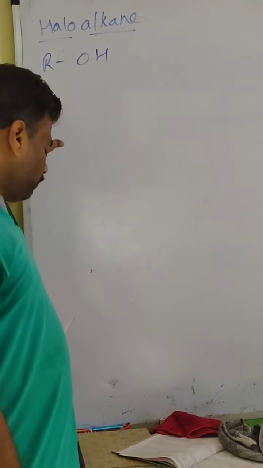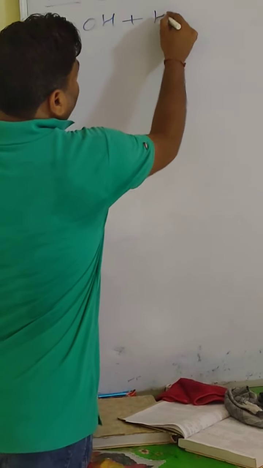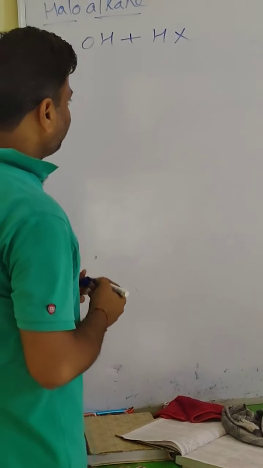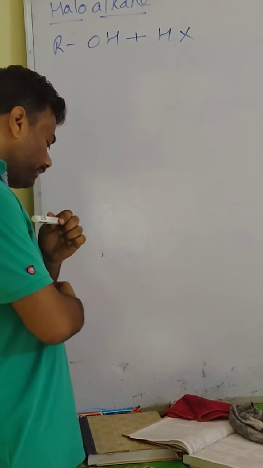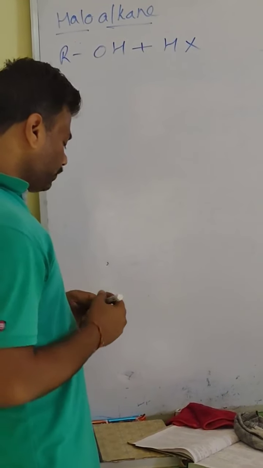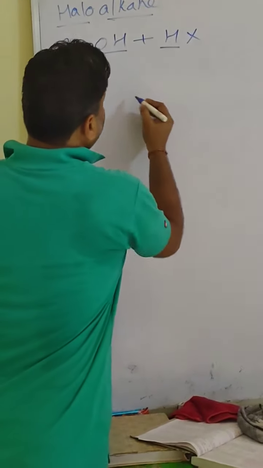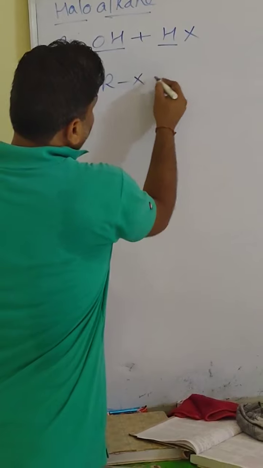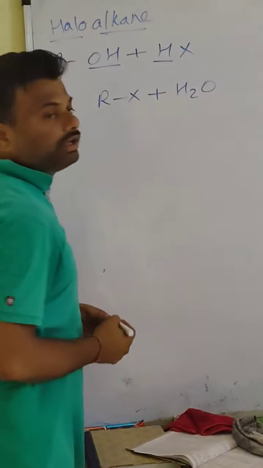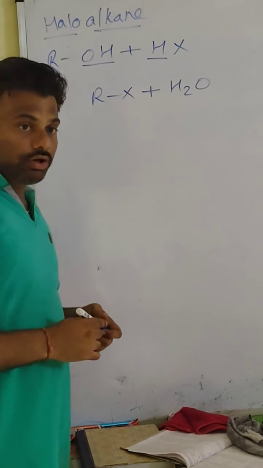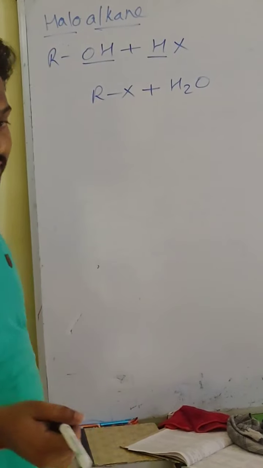It reacts with the hydrogen derivative, HX. This H will react with this OH, and they will form RX plus H2O, which is removed. So this is also called a dehydration reaction, because water is removed.